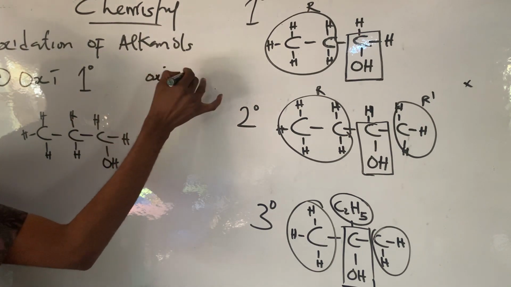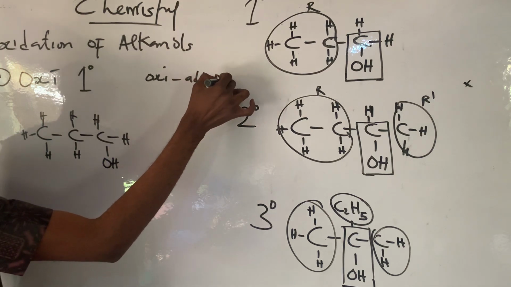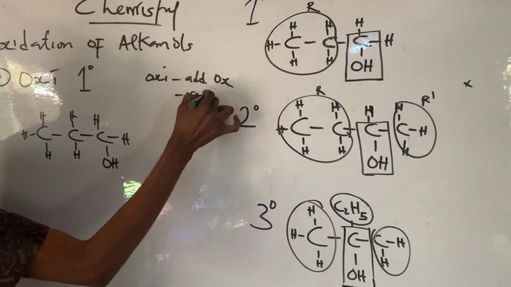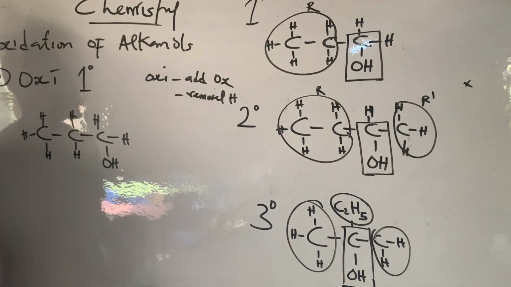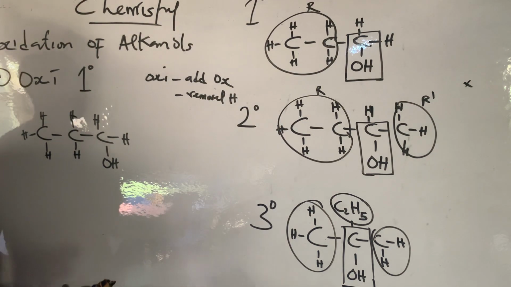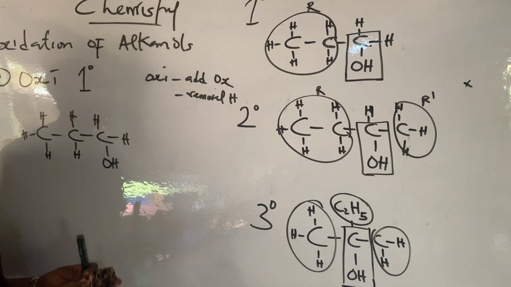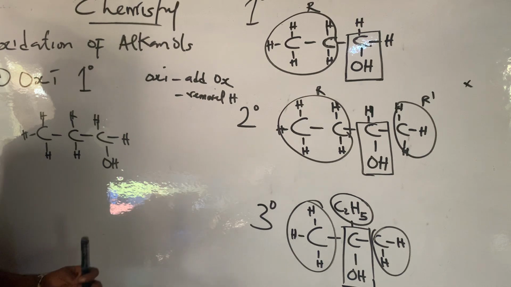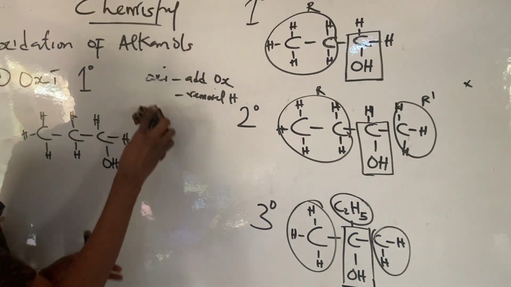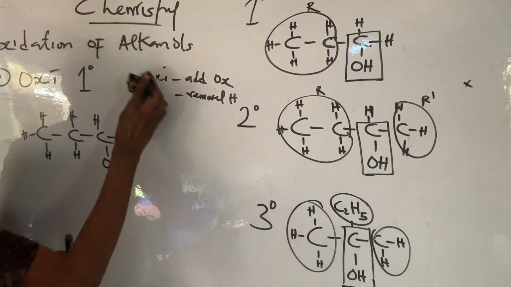Oxidation could be addition of oxygen or removal of hydrogen. That is one definition when it comes to oxygen and hydrogen. Of course, we have some definitions based on electron transfer. But for the purpose of this, we'll be talking about oxygen and hydrogen.